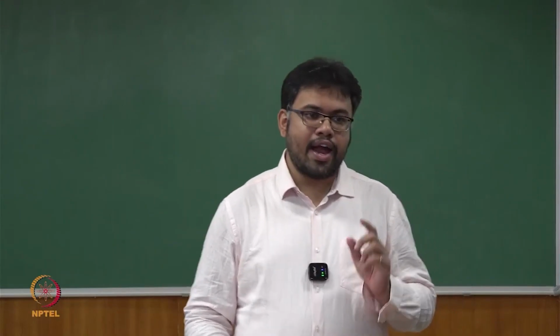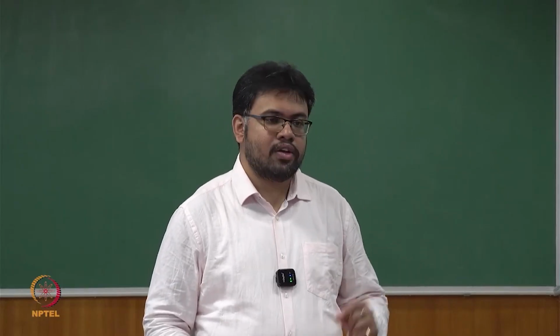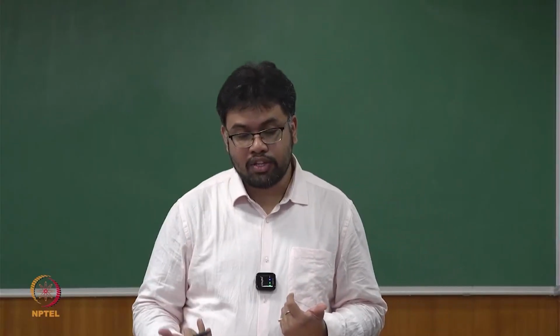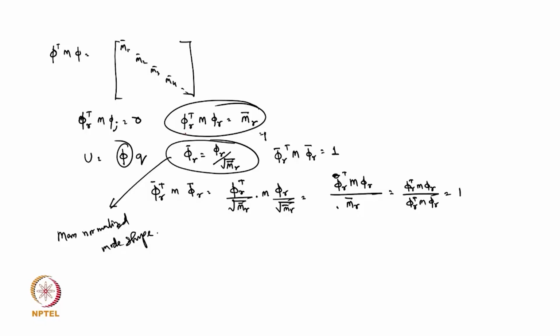That value may be 1, may not be 1, depending on the phi. For example, phi r transpose m phi r is equal to m r bar. So it's giving some value, but now we try to ensure that this value should be 1.